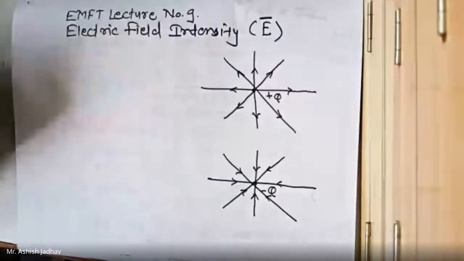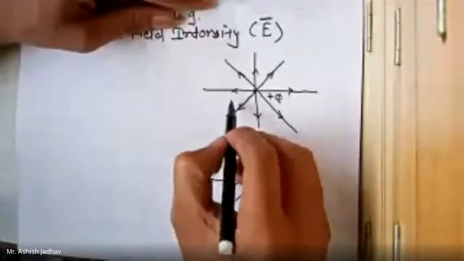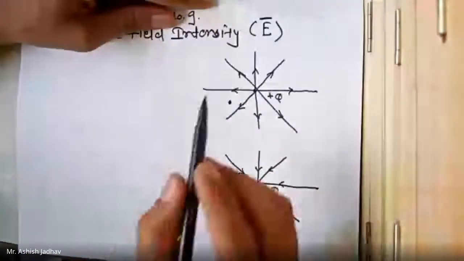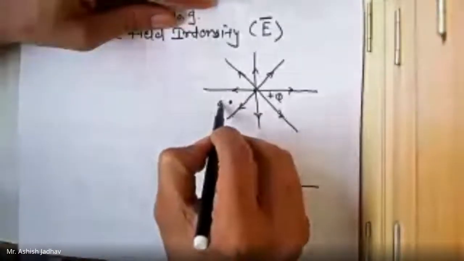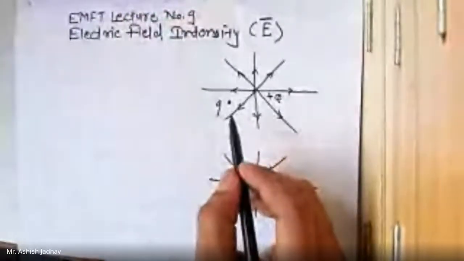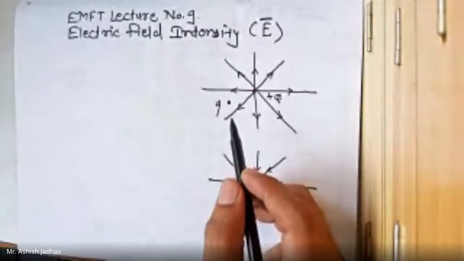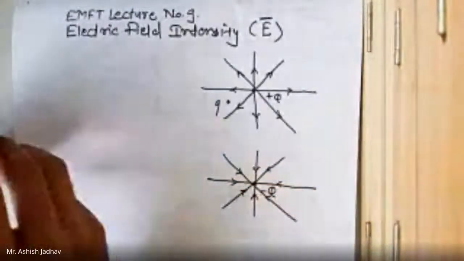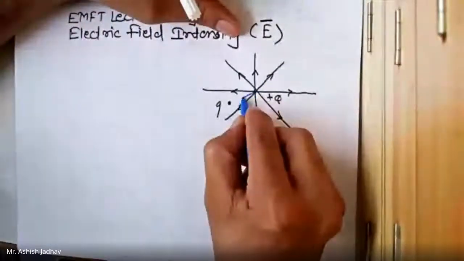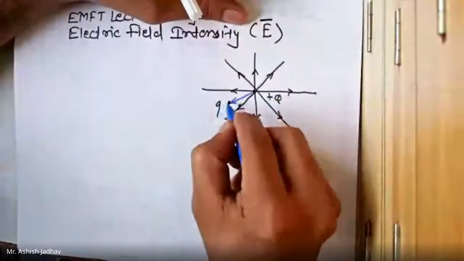Now, if I place a test point somewhere here, let us assume the test charge is small q. Test charge is indicated by small q. So what will it experience according to Coulomb's law? This test charge will experience a force, in the direction from plus Q to this test charge q.